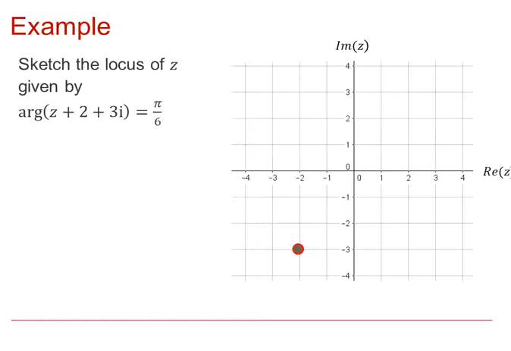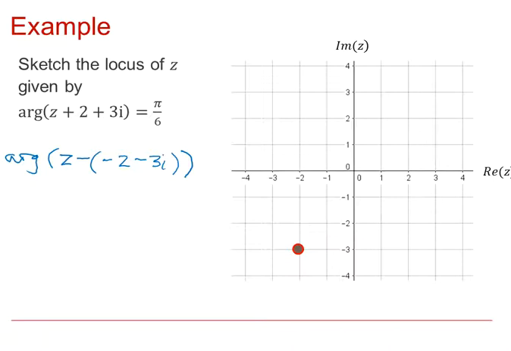If we look at this example here, we can see that we have the argument of z plus 2 plus 3i. If we rewrite this as the argument of z minus (minus 2 minus 3i), then we've worked out where z1 is. As you can see here, it's minus 2 minus 3i.